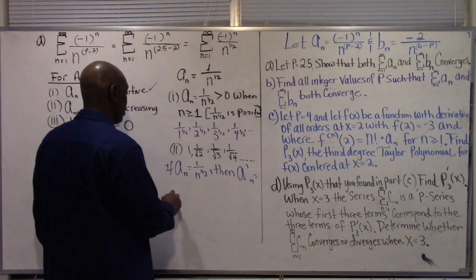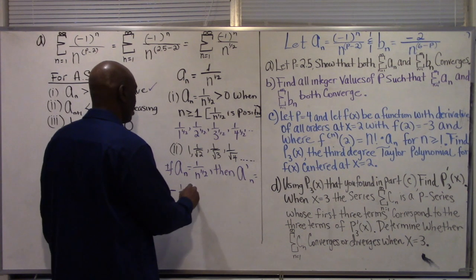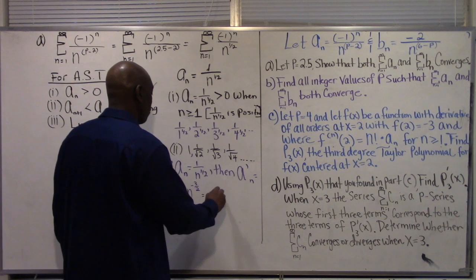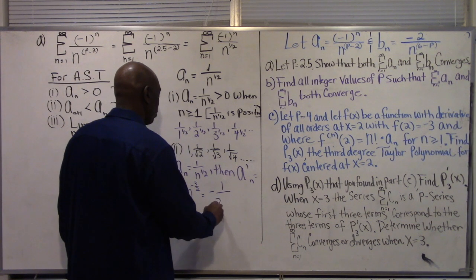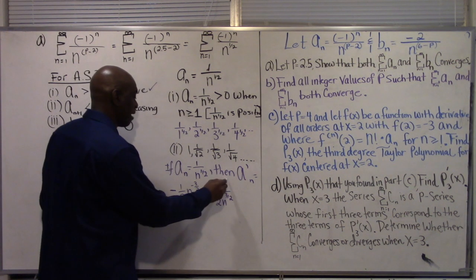That's going to give us negative 1/2 n to the negative 3/2, which equals negative 1 over 2 n to the power of 3/2. That's my derivative.